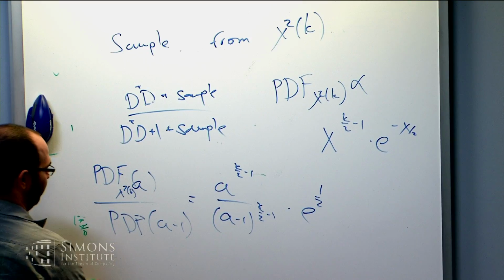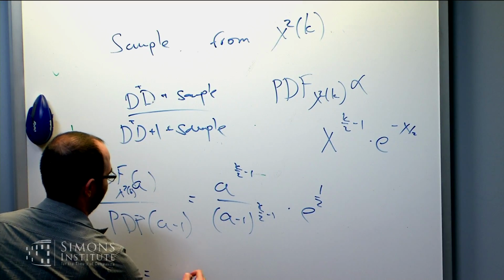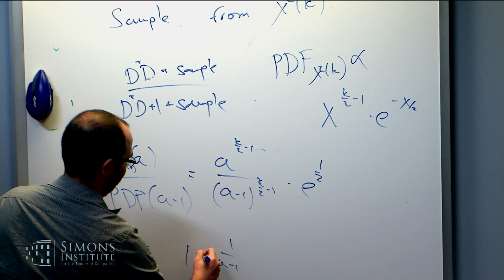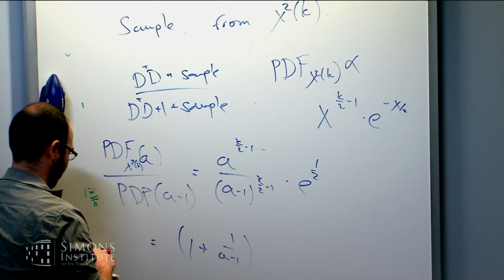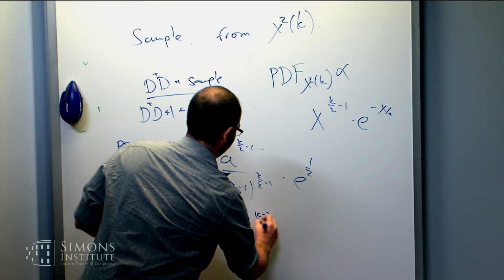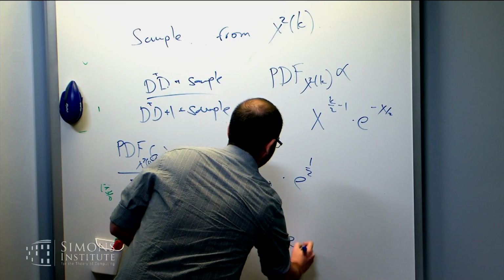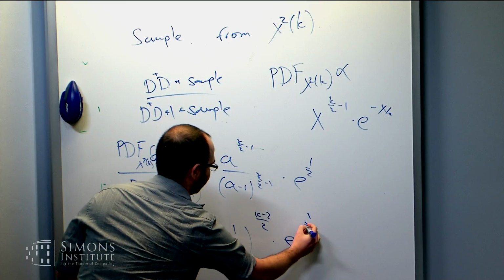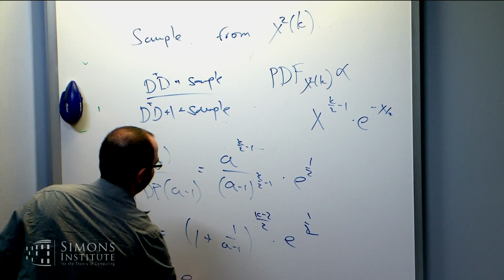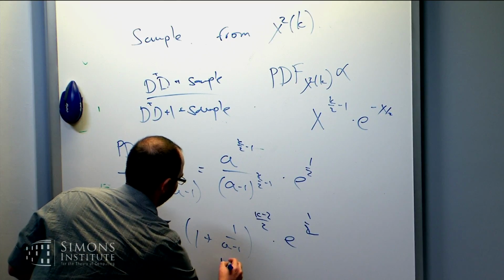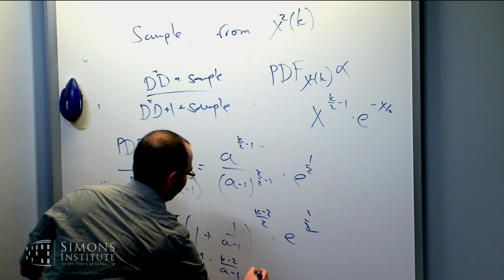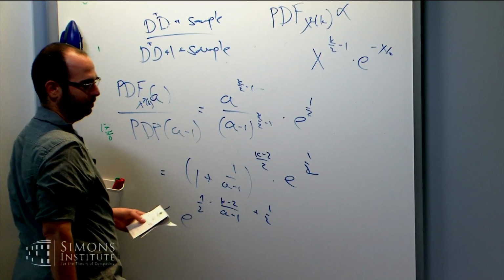And just a little bit of arithmetic manipulation, this would be 1 minus times e to the half. And this is at most e to the k minus 2 over a minus 1 half plus half.